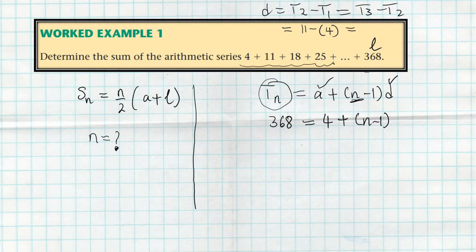Term number 3 is 18 minus the previous term, which is 11. 11 minus 4 gives me 7, and let me check, 18 minus 11 is also 7. So the common difference is 7.